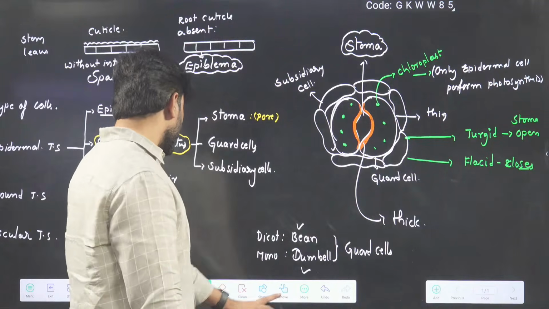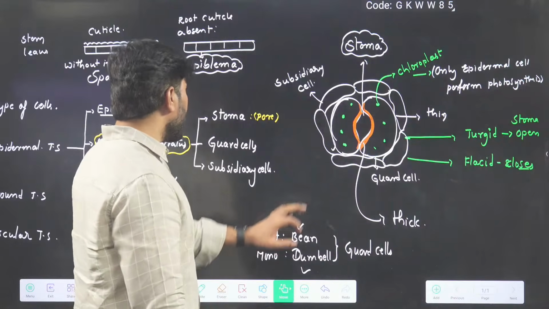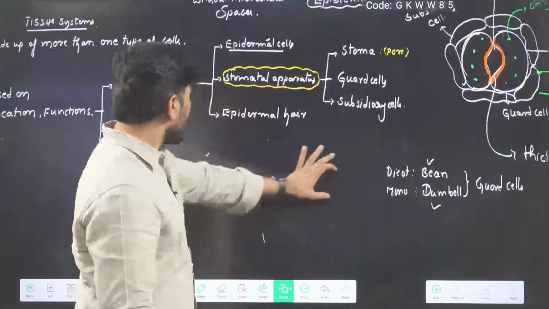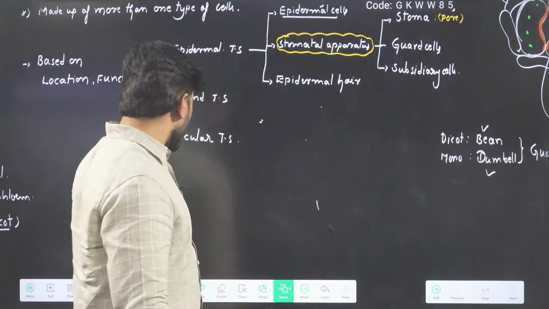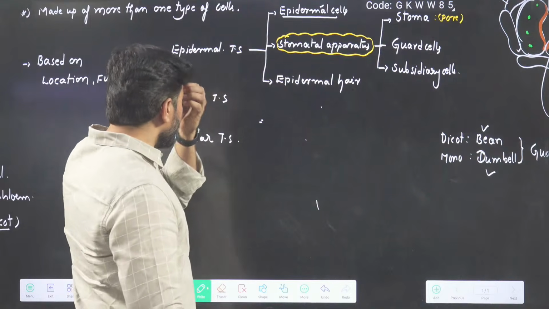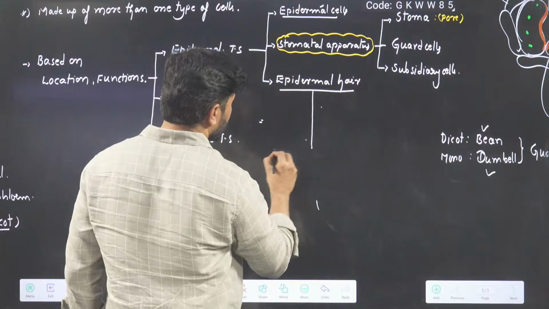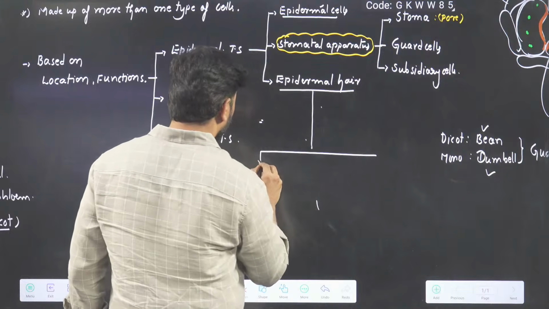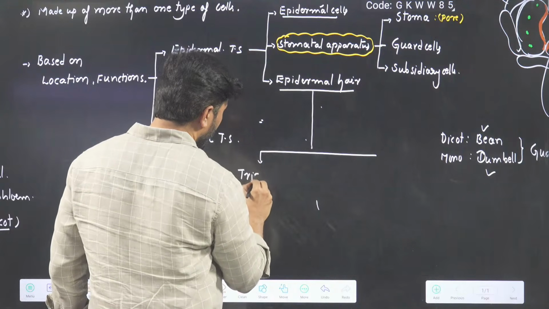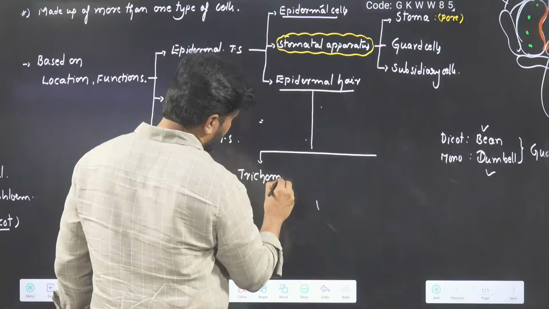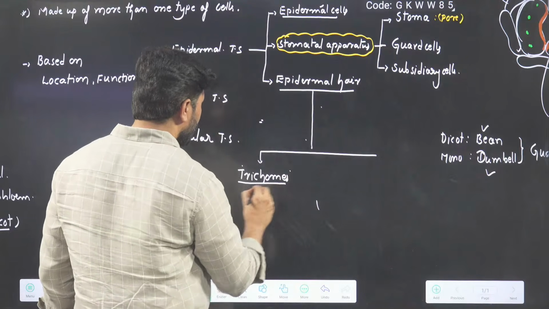That's about that. Then go to epidermal hair. If you are talking about epidermal hair in the plant body, the epidermal hairs are of two types. One is trichomes. Who are trichomes? They are known as stem hairs.